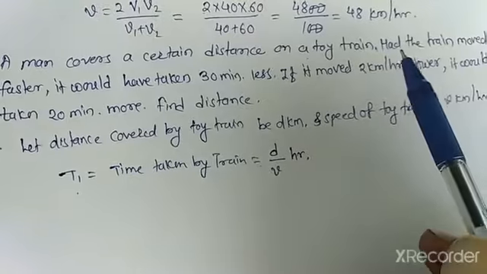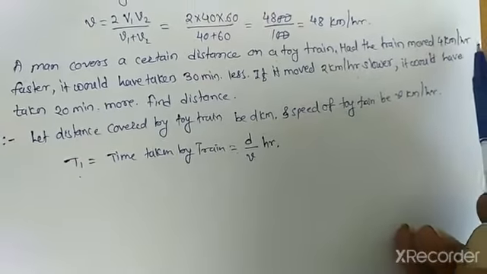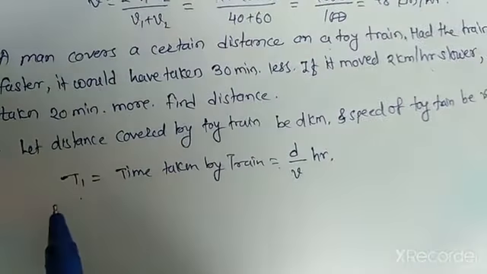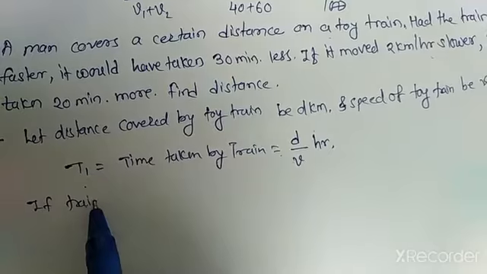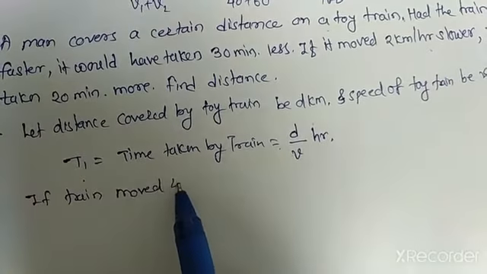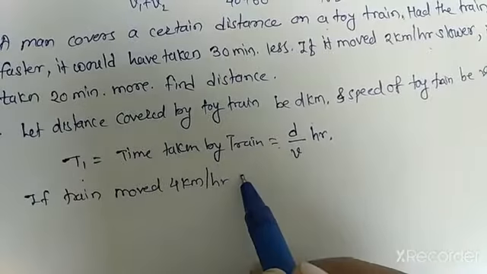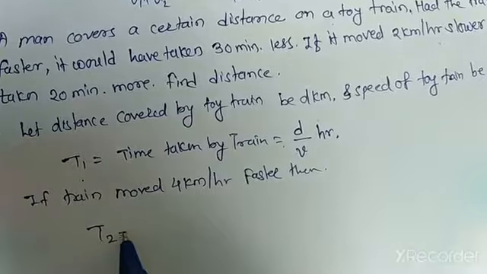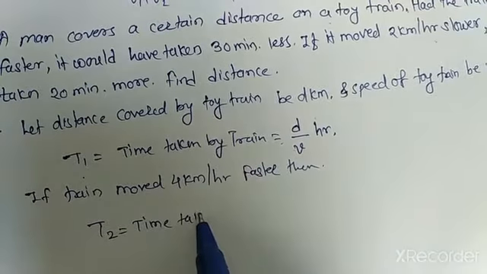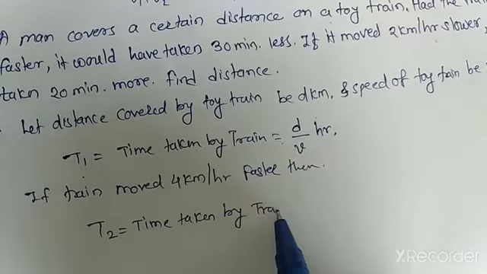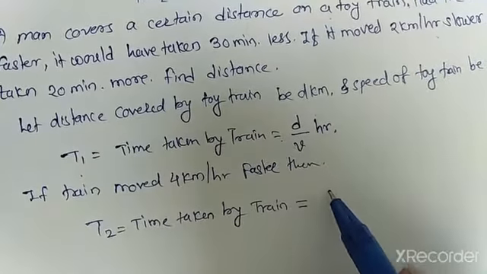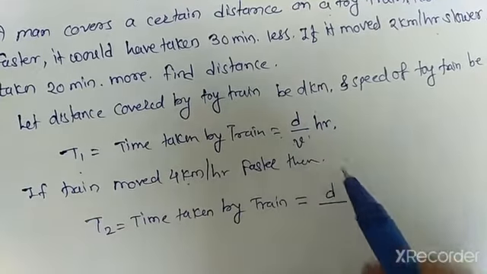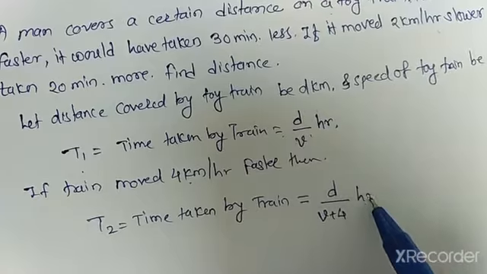Now it is given that had the train moved 4 km/h faster, it would have taken 30 minutes less. So if the train moved 4 km/h faster, then t2, the time taken by the train, is equal to d upon v plus 4 hours, covering the same distance d, only increasing the speed by 4 km/h.